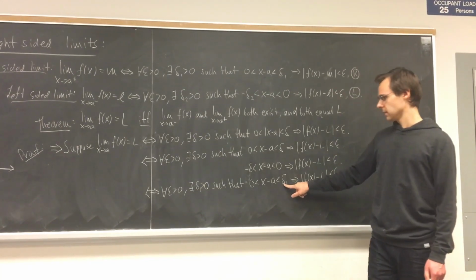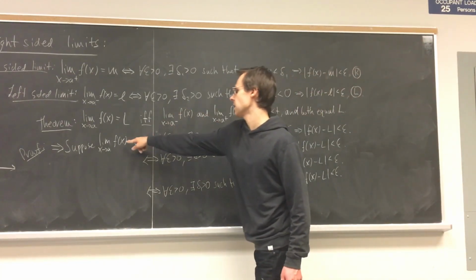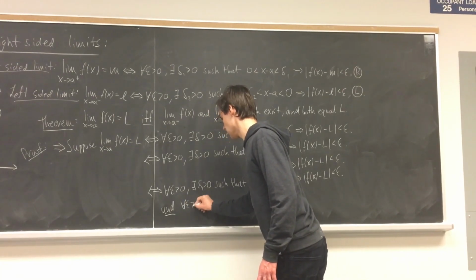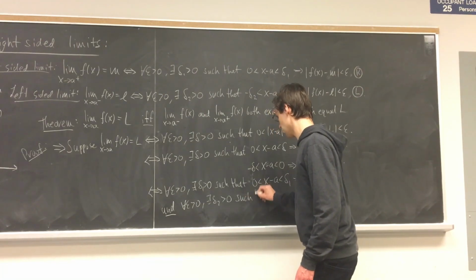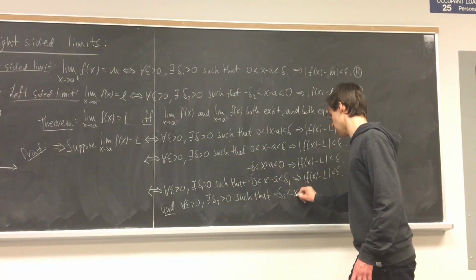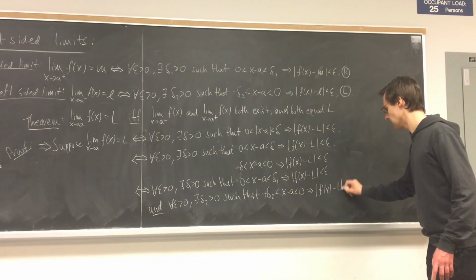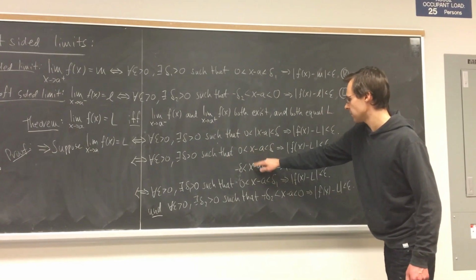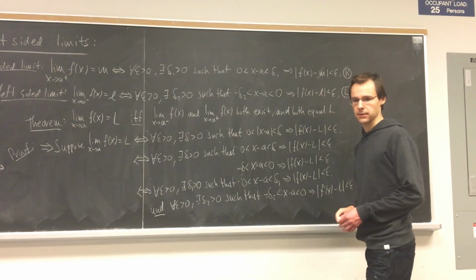The delta 1 in here just happens to be equal to this delta, okay, which we know exists from this statement. And for all epsilon greater than 0, there exists a delta 2 greater than 0, such that negative delta 2 is less than x minus a is less than 0 implies absolute value of f of x minus L is less than epsilon. Okay, I just split this one statement up, which had two parts at the end to it, into two full epsilon delta statements.